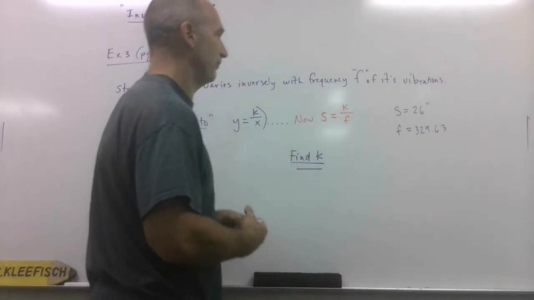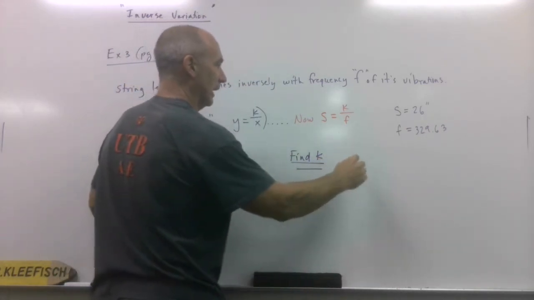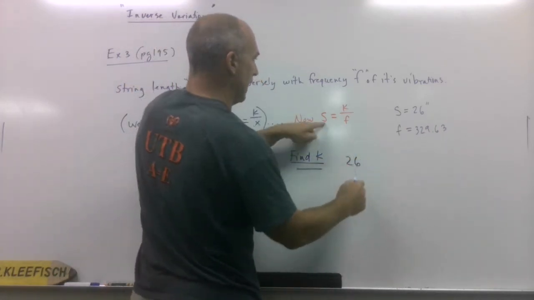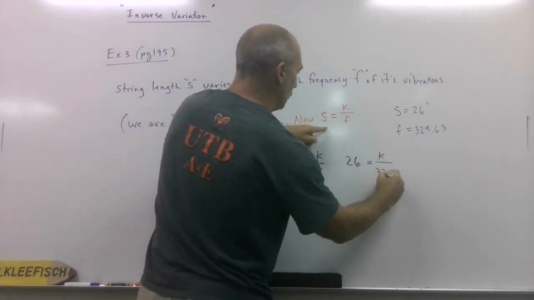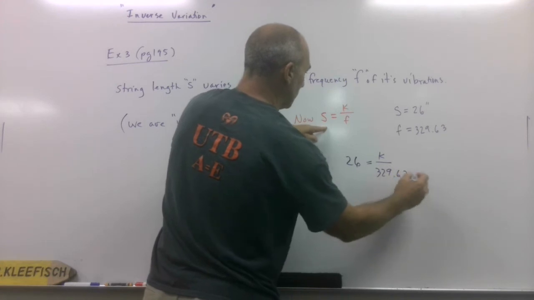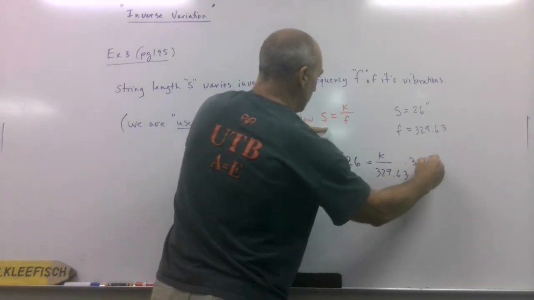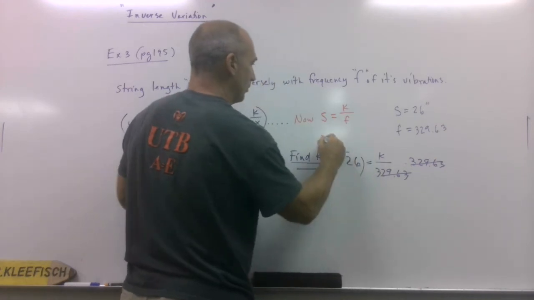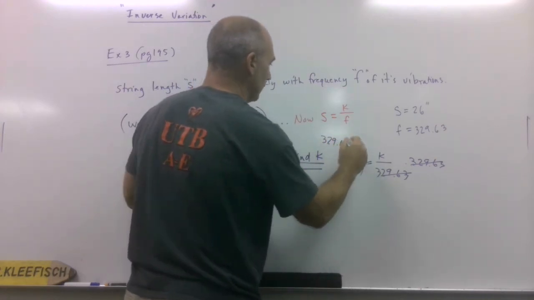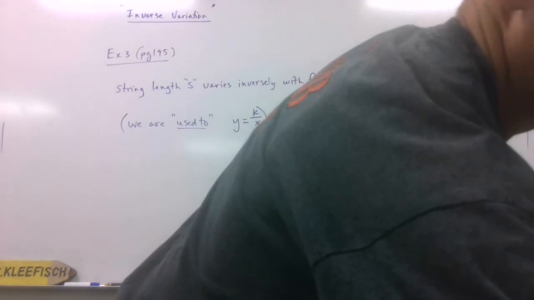So remember, we're trying to find K. So we say, okay, 26 is K, trying to find that, over 329.63. Now we're going to have to multiply both sides by this, basic algebra, and multiply that by 329.63. Give me a second to do the math.